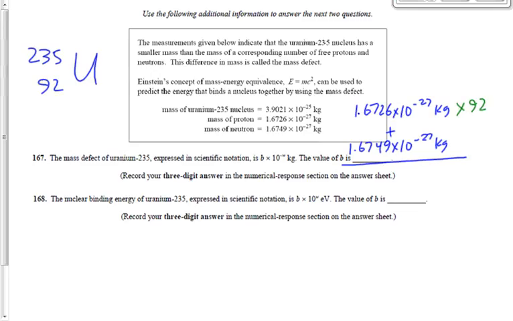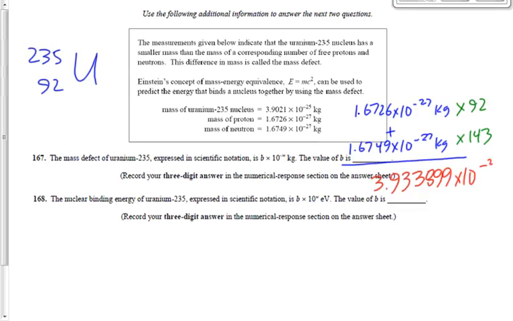And if we have 143 neutrons, we have to multiply this one by 143. When we do that, what do we end up getting for the mass there? 3.933899 times 10 to the minus 25.